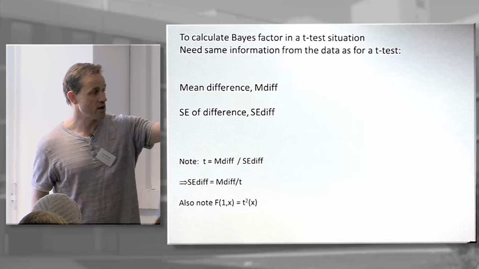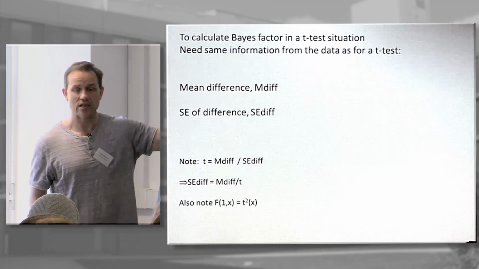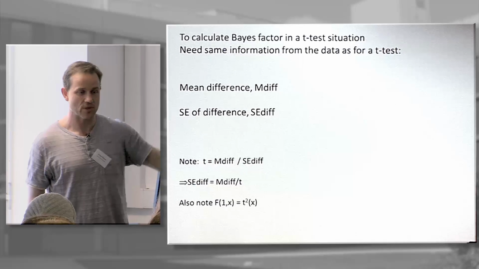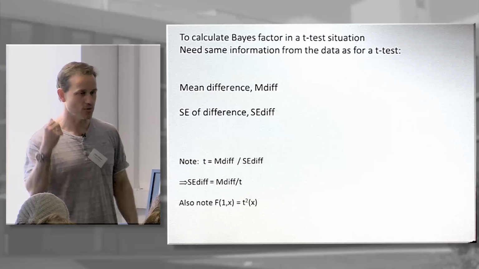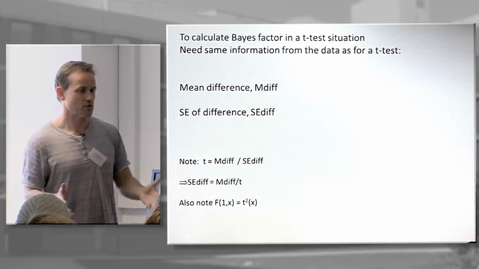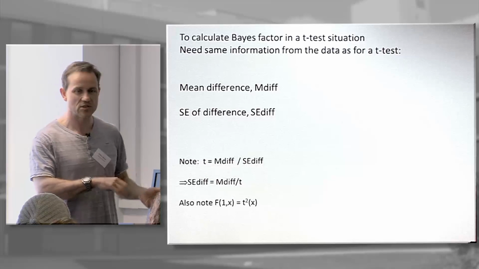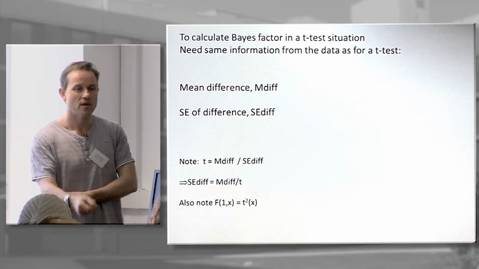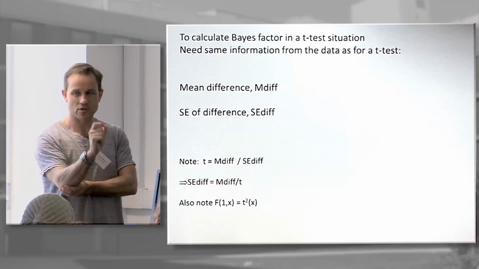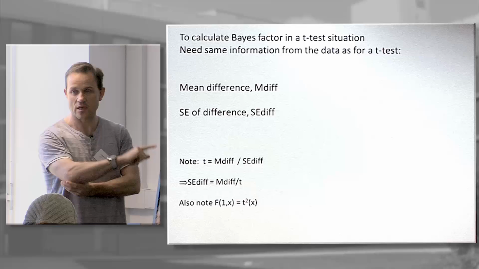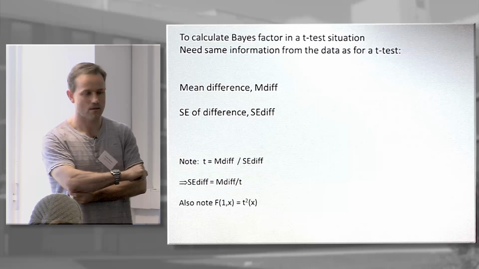And then if you divide your mean difference by the t, you get exactly the right standard error for that situation. It doesn't matter if it's a between subjects or within subjects, a one sample, a mixed design. It doesn't matter. Wherever you get a t-test and something you're doing a t-test on, if you divide that mean difference or the regression coefficient, doesn't matter what it is, anything, by the t, you'll get the right standard error. Okay.